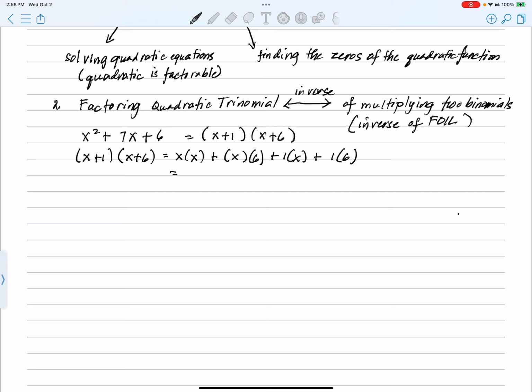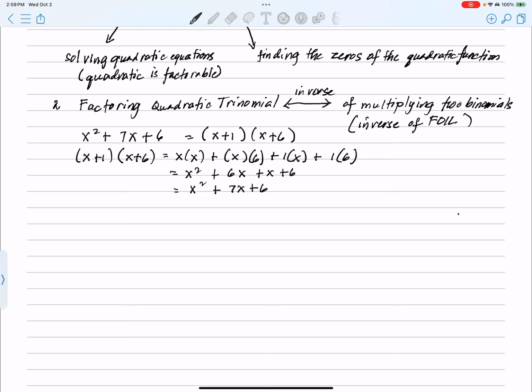So simplifying, we come up with x squared plus 6x plus x plus 6. Okay, combine like terms. We have 6x plus x, that's 7x plus 6. All right, so we have the trinomial.